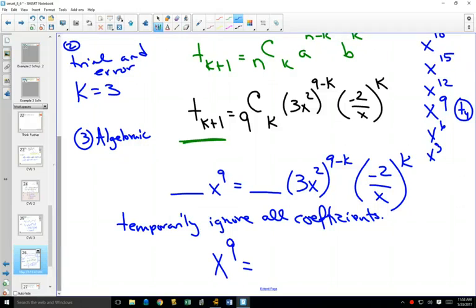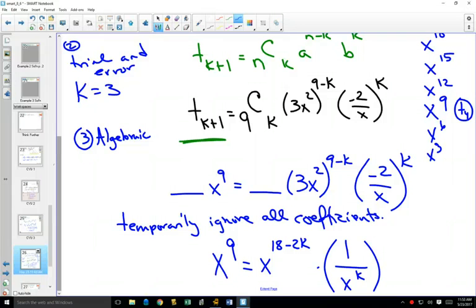On this side, with my first term, I would have x squared to the 9 minus k, which would be x to the 18 minus 2k, because our exponent law for a power to a power is we multiply. If I multiply that exponent of 2 times the 9 minus k, I've got to distribute, I'll get 18 minus 2k. And in the second one, I'm ignoring the numbers on top. I'm still going to write a 1 on top just to make it a fraction, but I'm going to have x to the k on the bottom.